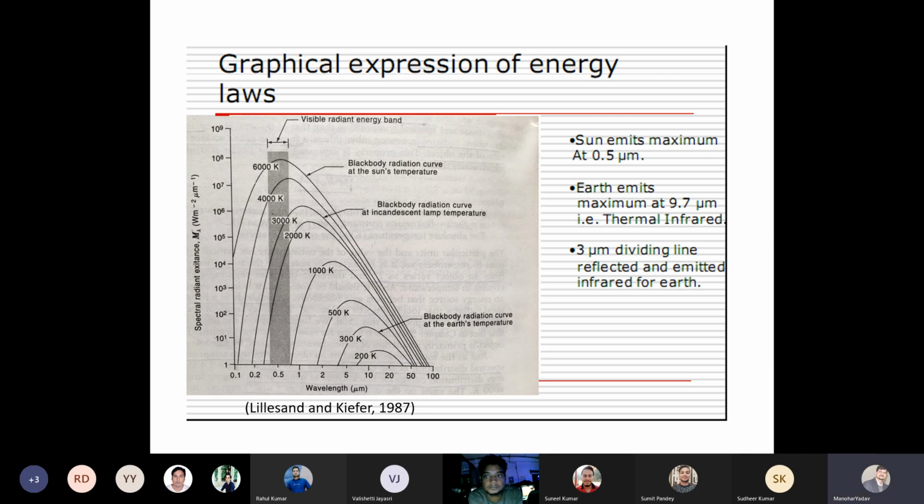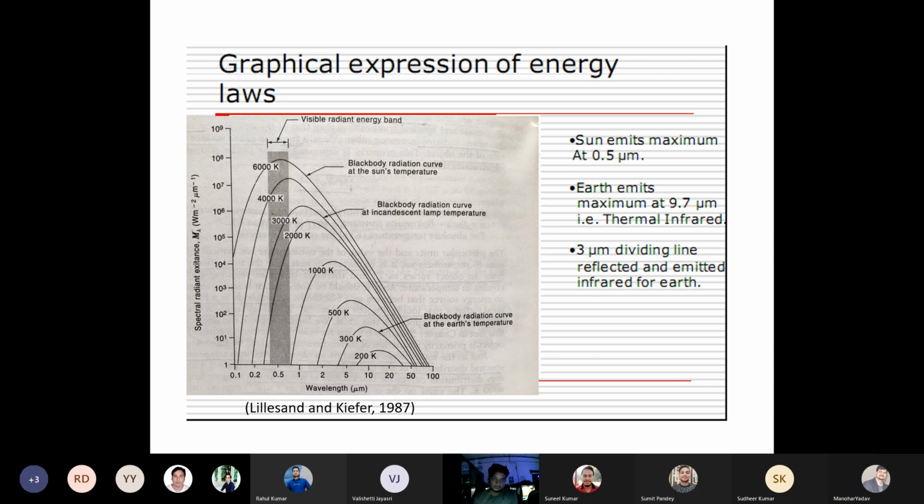We have a lot of analysis based on this particular plot to understand the sensor development, sensor design, and in which band we acquire the images, the radiated energy component, and the reflected energy component. There will be a detailed analysis and detailed description of all these parameters.